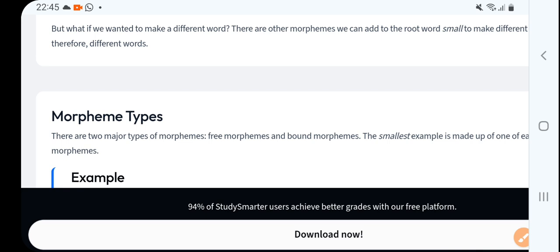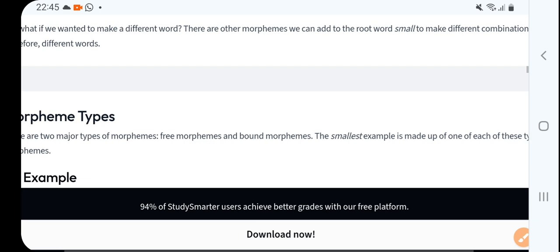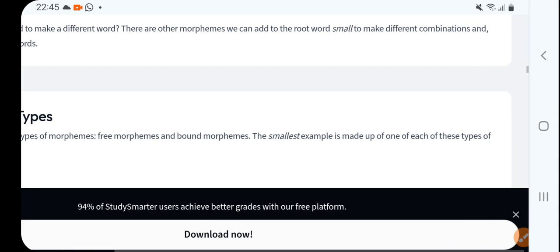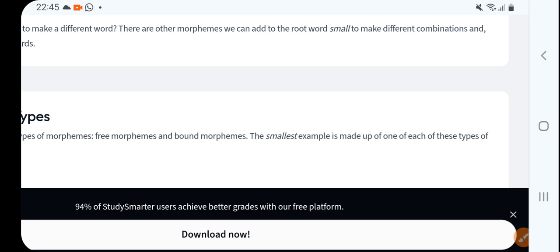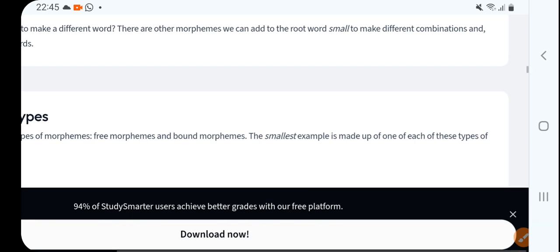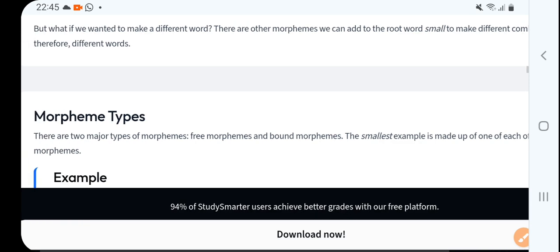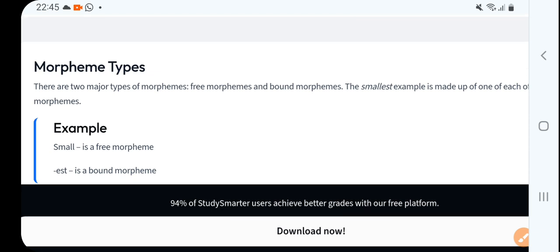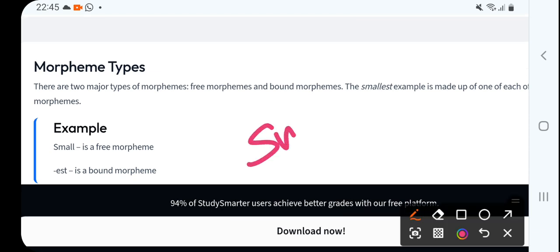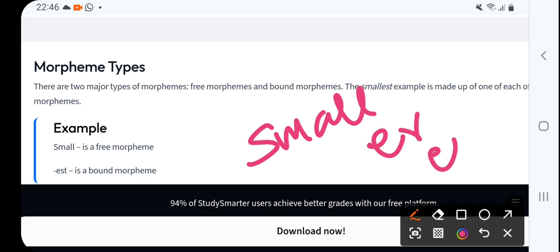What they are saying is, what if we wanted to make a different word? In small we can add er, we can add est and make a new word.